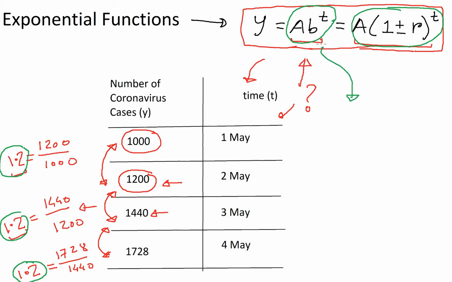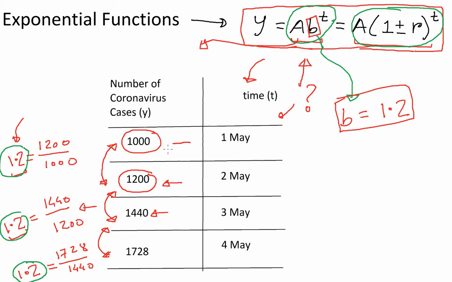The thing to remember is that this b here is the factor. In this case the b is 1.2, as you found out. And remember, a is the initial value.